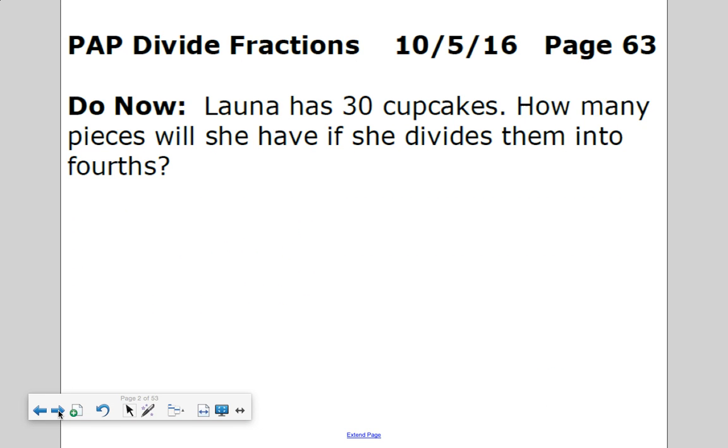So, do now. Lana has 30 cupcakes. She divides them into fourths. How many pieces will she have? Each cupcake is cut into 4 parts.